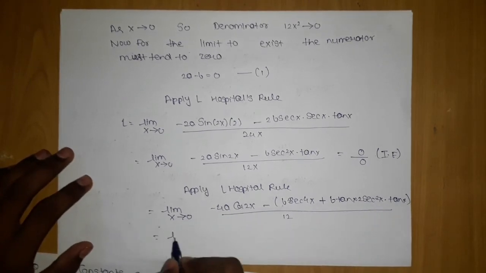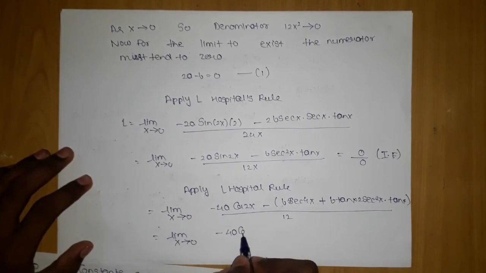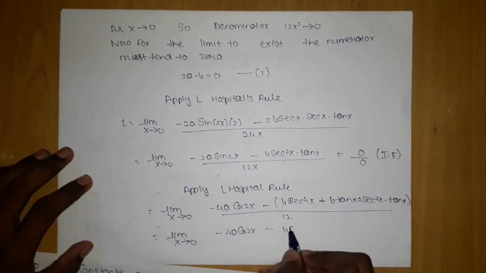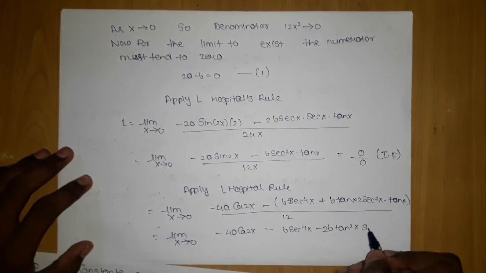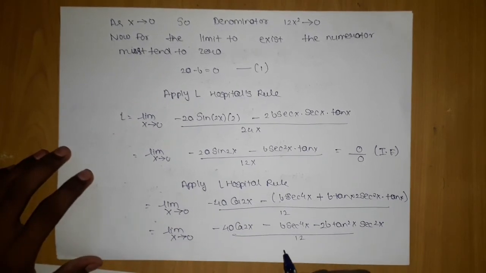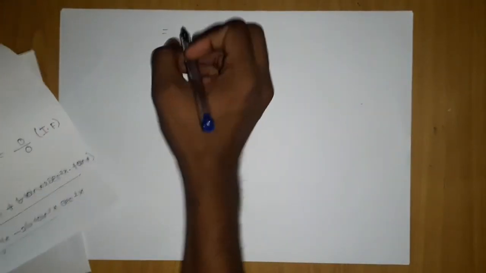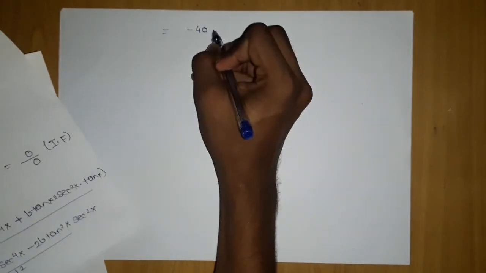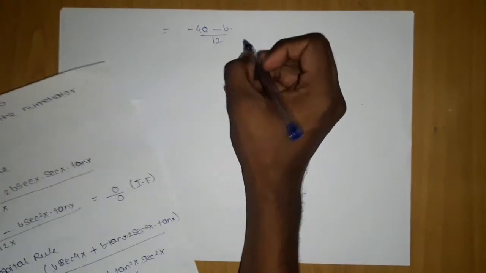If I simplify this, we are getting 4a cos 2x minus b sec 4x minus b tan square x, 2 into sec square x, the whole by 24, giving me, if I substitute the values, let me take the next page, minus 4a minus b, the whole by 24.